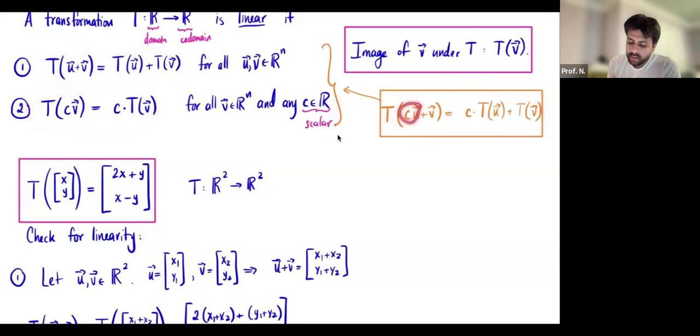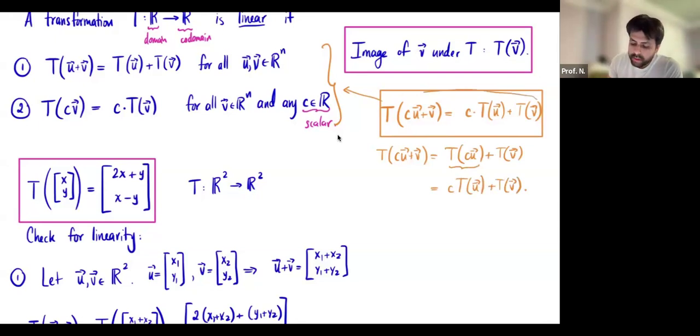You see how here, if I can separate by a sum, it kind of goes like this. So if T of cU plus V, if it's linear, then I can do this. And then if it's fully linear, I can do this again. So this equation summarizes these two properties.